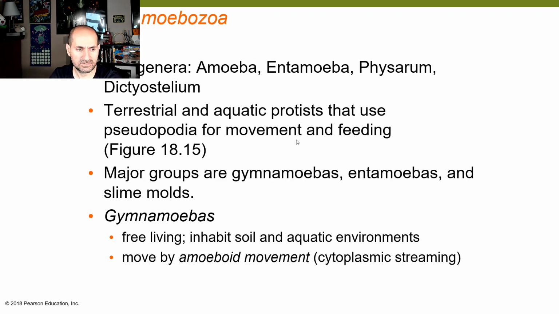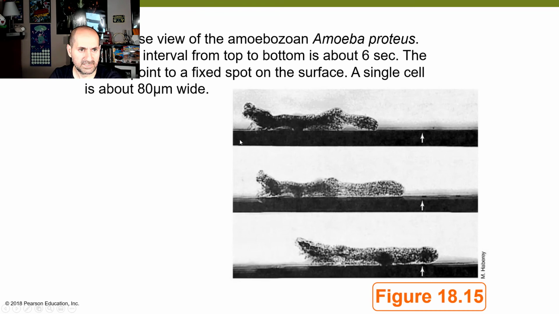This is a little bit more interesting. So the amoebozoa, you got the gymnamoeba, and you have Amoeba proteus, which is your standard textbook amoeba. And what you need to know about the amoeba is that they move by pseudopod motility.